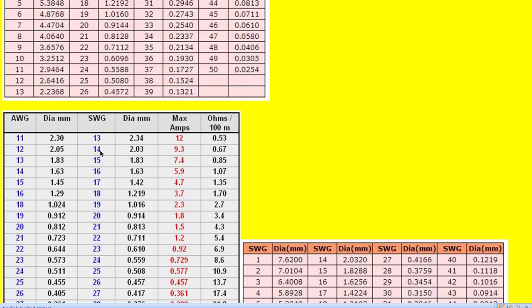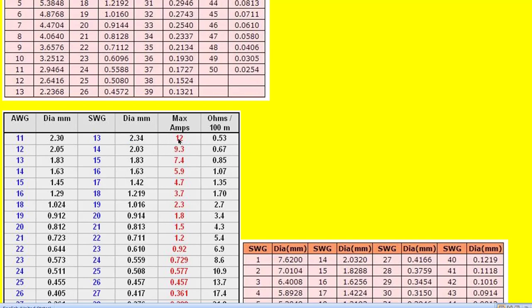Similarly, for 14 gauge, the diameter is 2.03 and the current capacity reduces, because the wire gauge number is increasing but the diameter is reducing, meaning the current capacity also reduces to 9.3 amperes, and the resistance increases because the diameter reduces, that is 0.67 ohms per 100 meters.